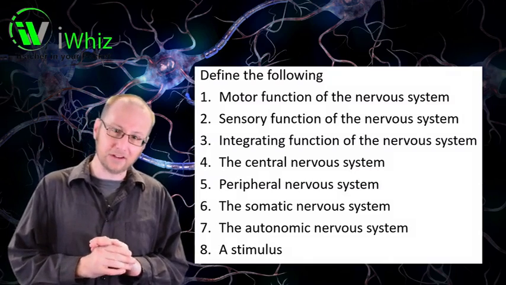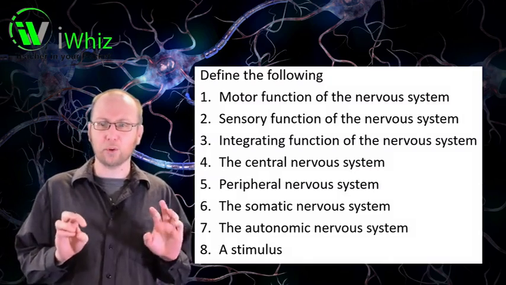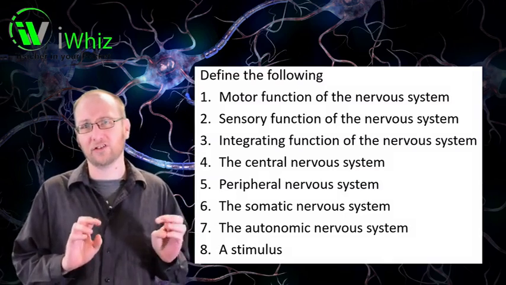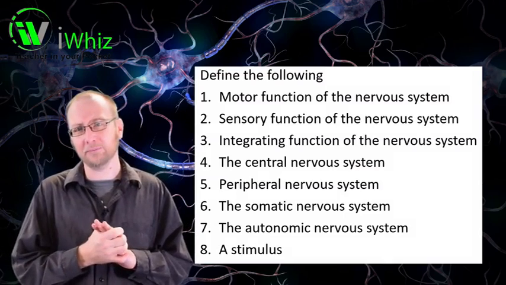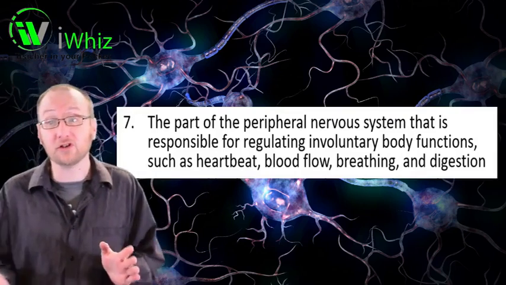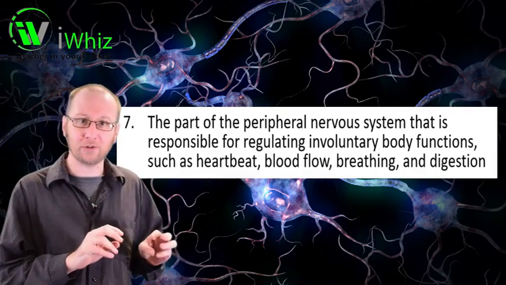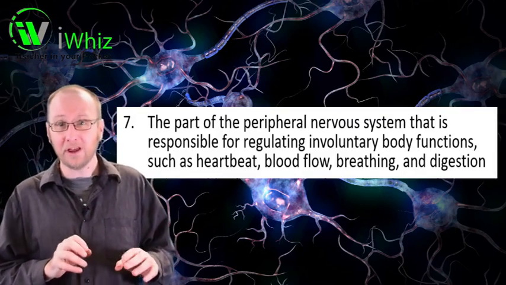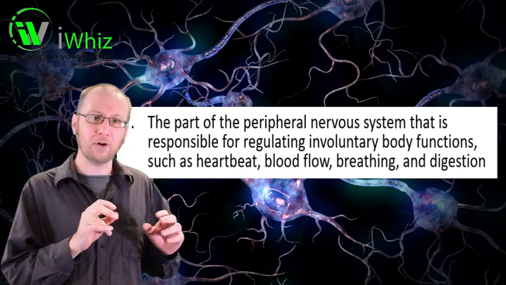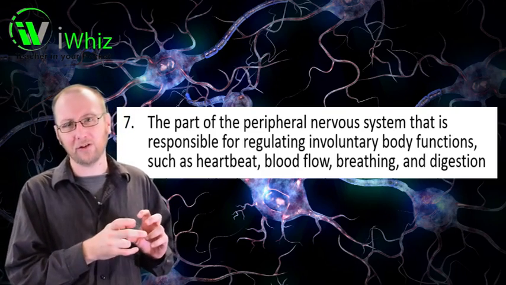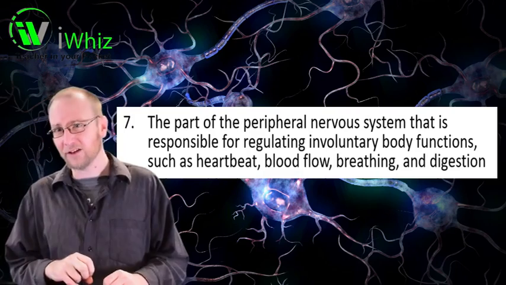Number 7 then, define the autonomic nervous system. So it's basically the opposite of the somatic nervous system. The autonomic nervous system is the part of the peripheral nervous system that is responsible for involuntary muscles and glands, such as the heartbeat.